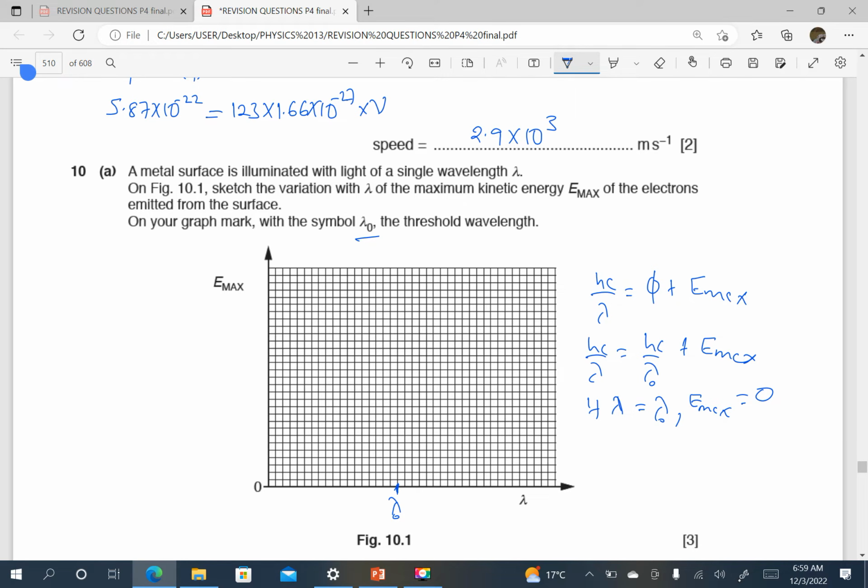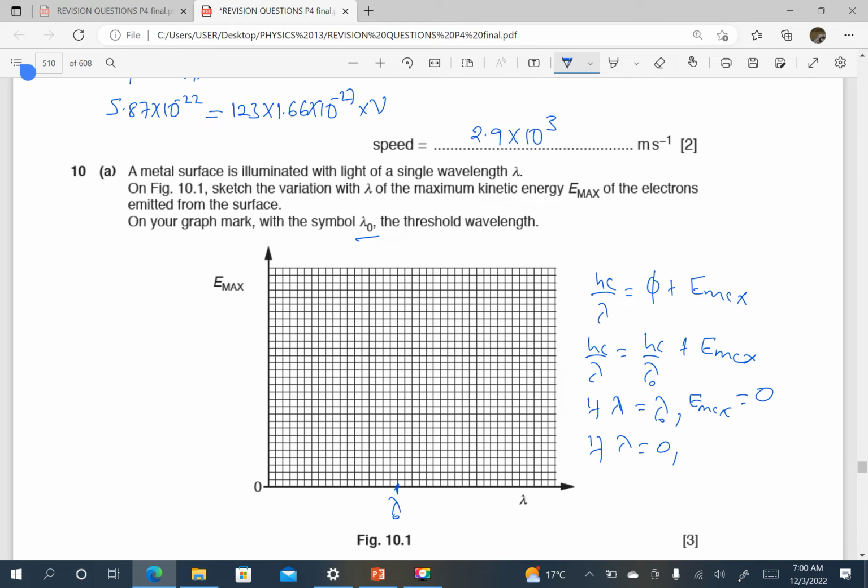Number 2, suppose lambda equals 0. If lambda is equal to 0, what would be Emax? We are trying to find the limits or the boundaries.